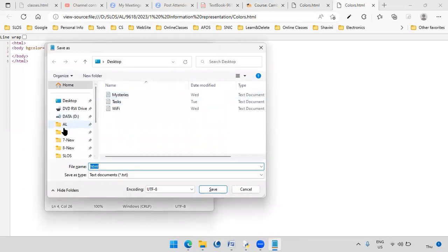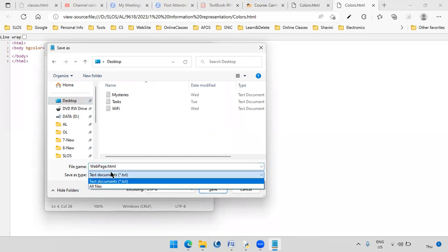You have to remember where you save. I'll just put it on the desktop at the moment. The web page name, and a very important thing: don't press enter until you type .html.